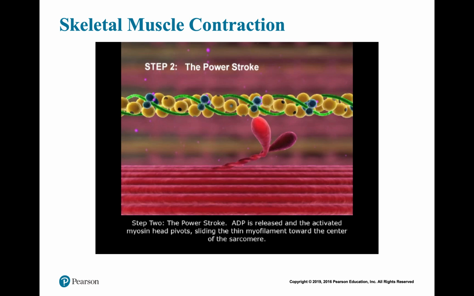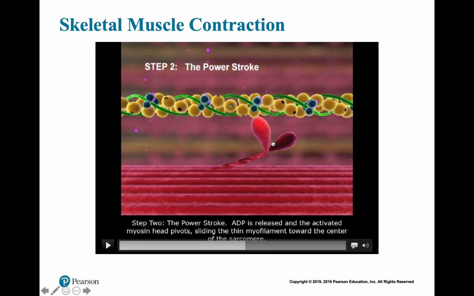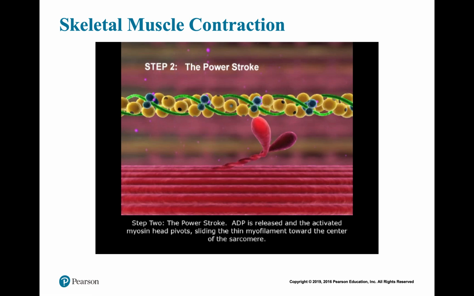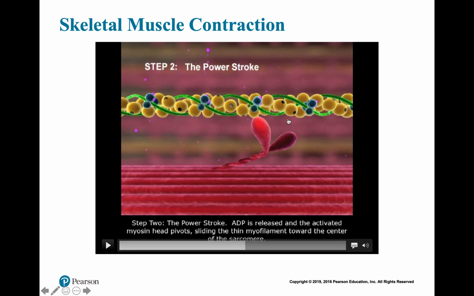So if we have no power stroke, then we have no shortening of the sarcomere, okay? So how does that power stroke happen? It happens once ADP and P are released. So once ADP and phosphate are released, that energy also gets released, and we have the pivoting or the power stroke of the myosin head.